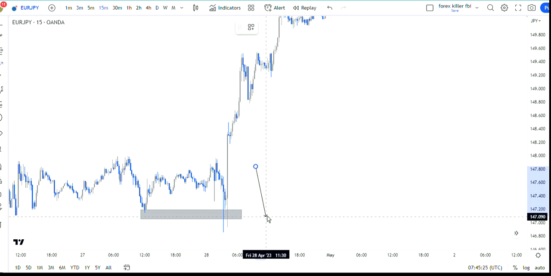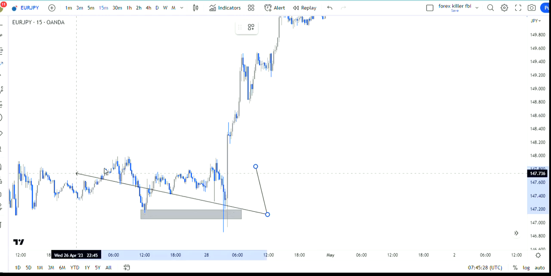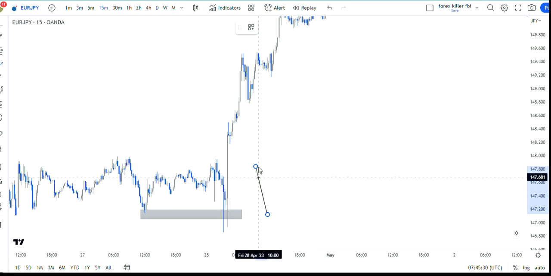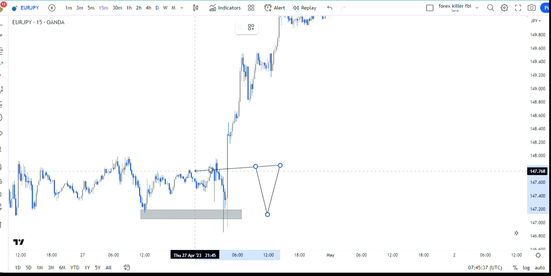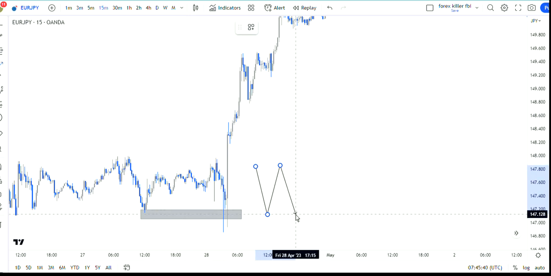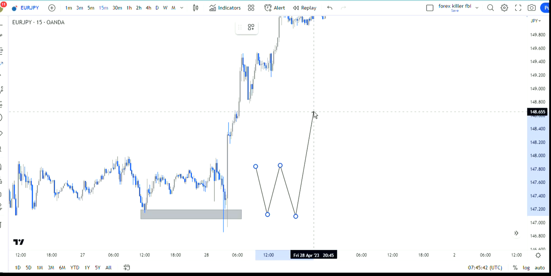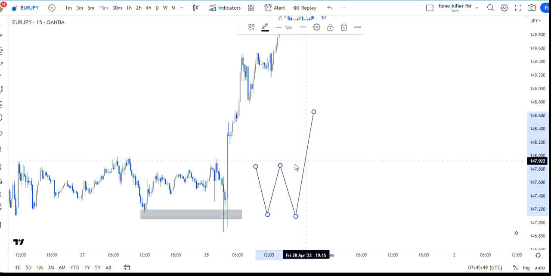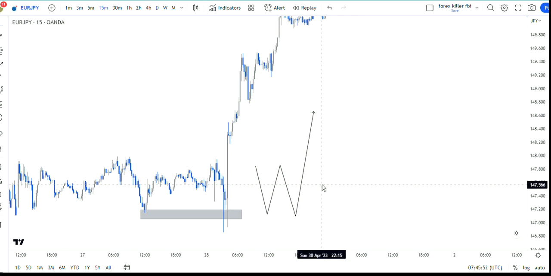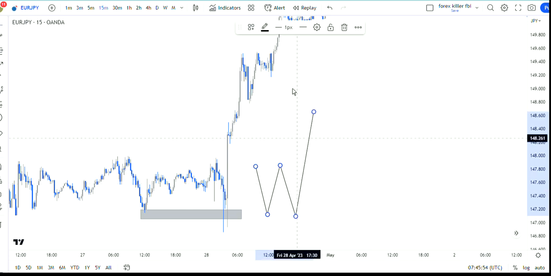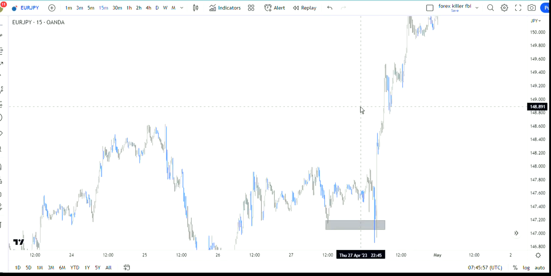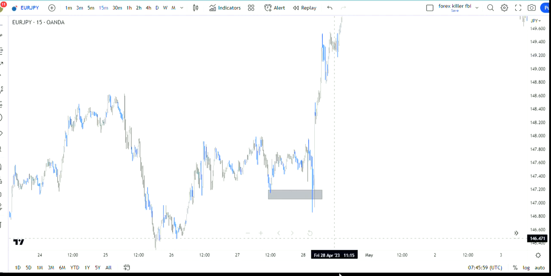In a skeleton, we have this move from here to here, then this move upward from here to here. Then from here the market was pushing up, as you can see. So this is what we call a W structure.